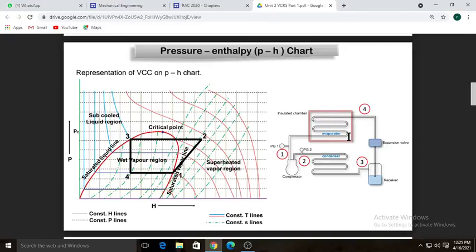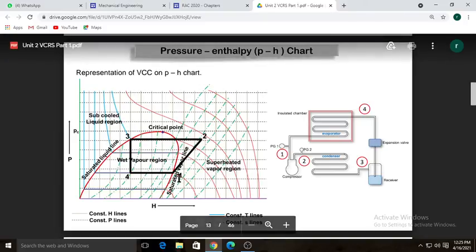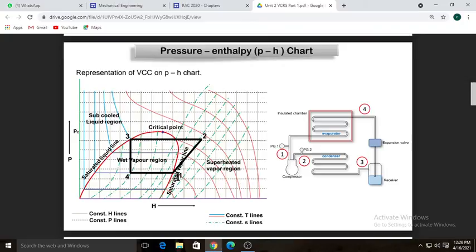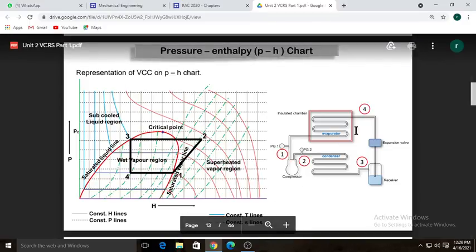Because of absorption of the heat, the phase change of the liquid refrigerant occurs and the liquid gets converted into vapor. You can see this wet mixture moving through the evaporator, and at the end point it is completely converted into saturated vapor. Then this saturated vapor is again compressed by the compressor in process 1 to 2, and the cycle continues.